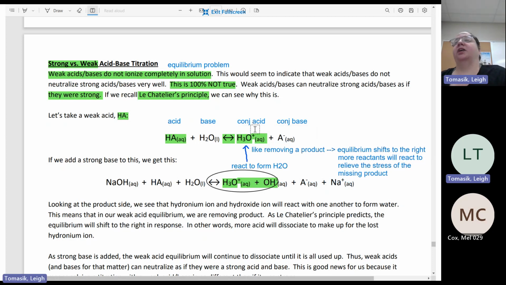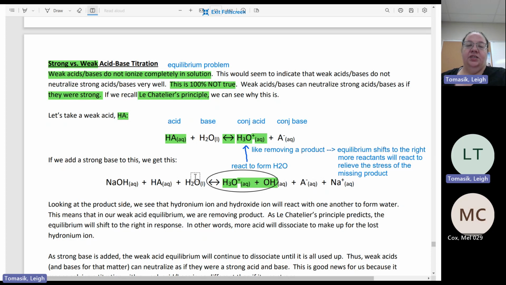So when we remove a product, we throw the equilibrium sort of out of balance, and the reactants will react to help us recover the H3O plus that's being taken away.